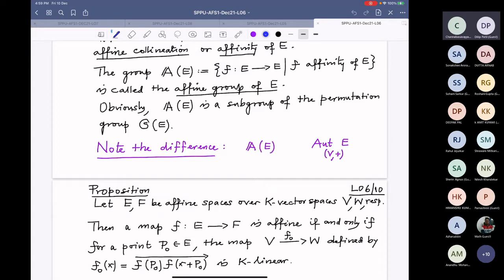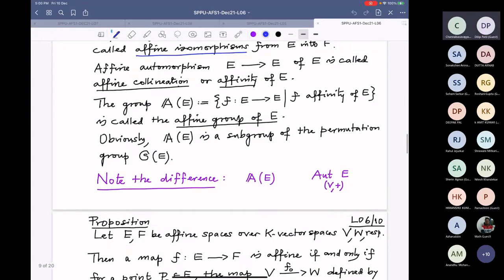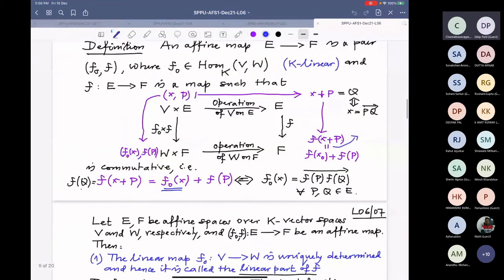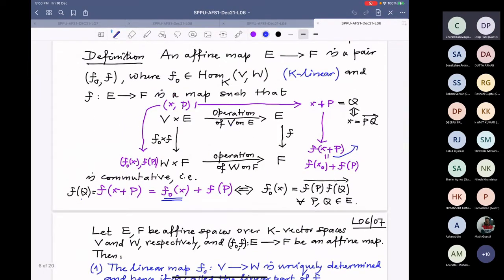So this group is bigger than this one, because the affine group will not only deal with the additive maps of V, but also with the linear map, because affinities have a linear part, F0. F0 is a K-linear map from V to V. So therefore it becomes more difficult because you have more constraints.